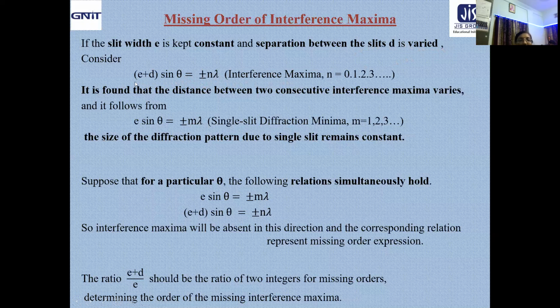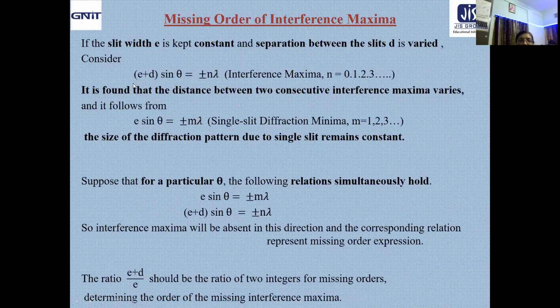A few minutes back I already mentioned, that is e plus d sine theta equal to plus minus n lambda, where n is the order of interference maxima. Now just take a look. If e is kept constant but d is varied, then the distance between consecutive interference maxima is going to vary.